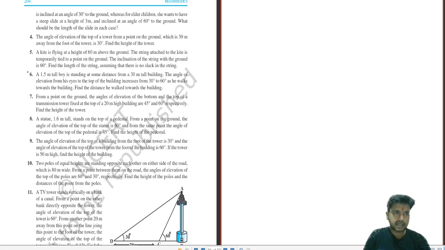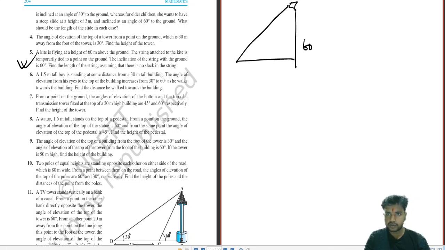Now let's take an example of a kite. A kite is flying at a height of 60 meters above the ground. This is your kite and this is flying at a height of 60 meters above the ground. The string attached to the kite is temporarily tied to a point on the ground. This is the string. If your common sense is good, you can't fly a kite at a 90 degree height.